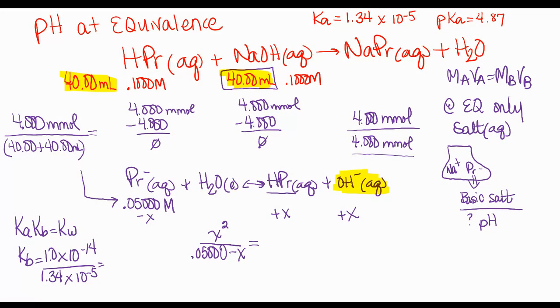Let's see what we get. 5 times 10 to the negative 10. And for sure that's tiny, so I can ignore x. So this last part, these hopefully should seem easy at some point once the setup is there.